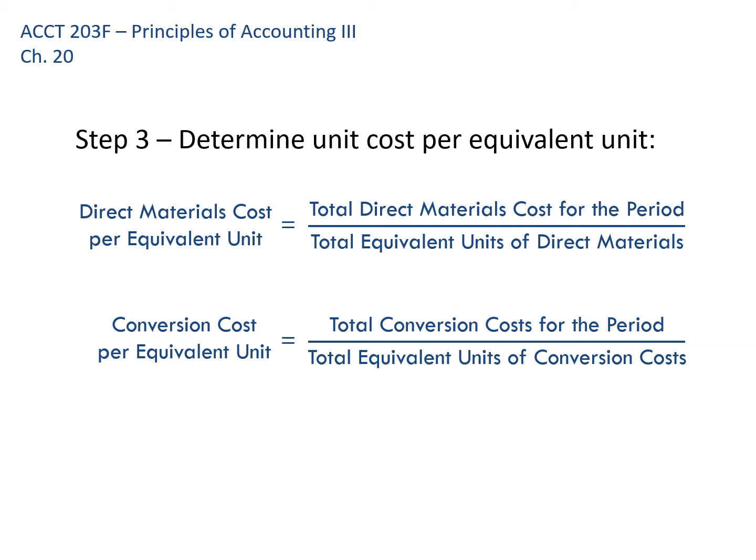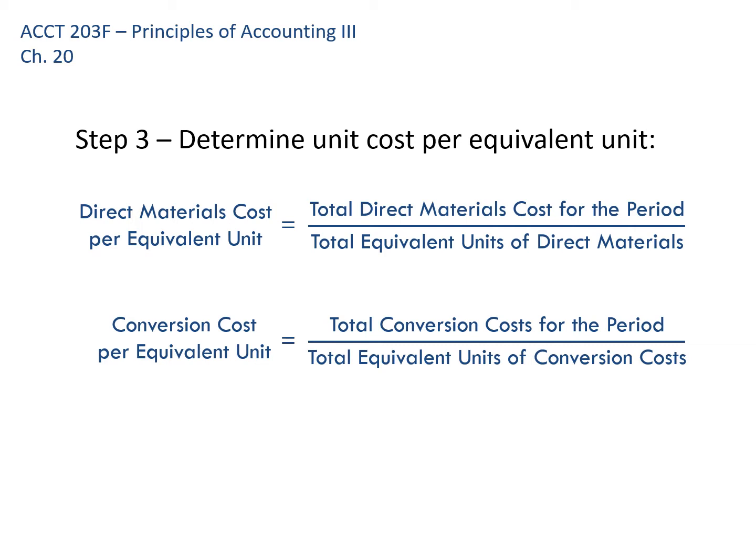So in step 3, I'll take the direct material costs that I incurred for the period, how much direct material did I use, and I'll compare that to how many units I produced with respect to direct materials. So I'm comparing apples to apples here. I'll do the same thing with conversion cost. How much direct labor did I incur in my factory during the period or in this department during the period?